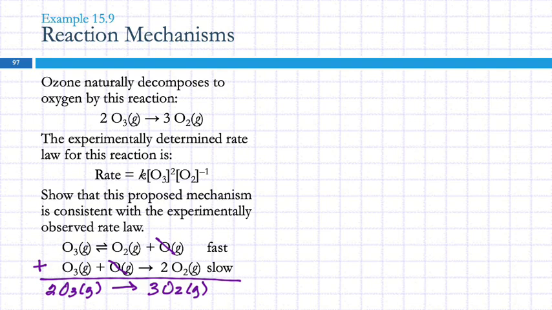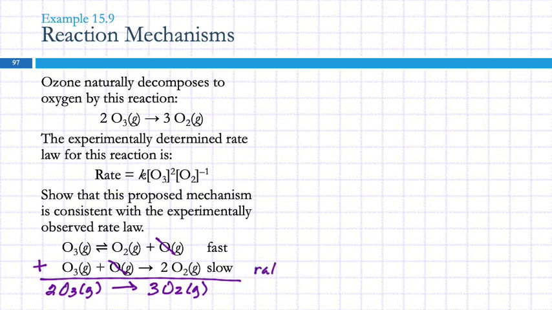So the next step is that we have to show that this rate law is consistent with what we would get from the mechanism. So in the mechanism, here we have a fast first step and a slow second step. Whatever the slow step is, we're going to write a rate law for that. These are elementary steps, and so we can do it right from the equation.